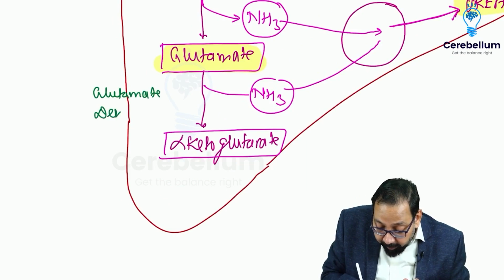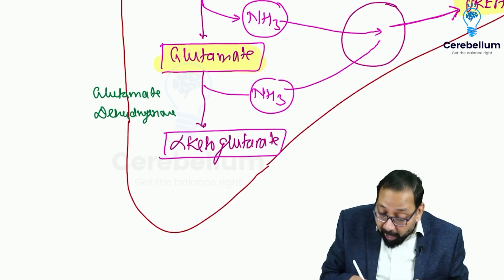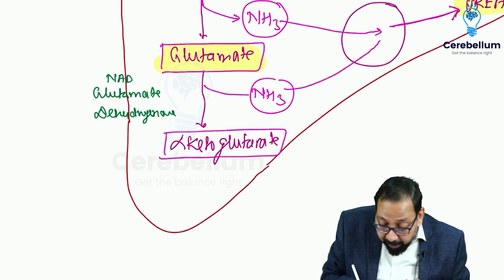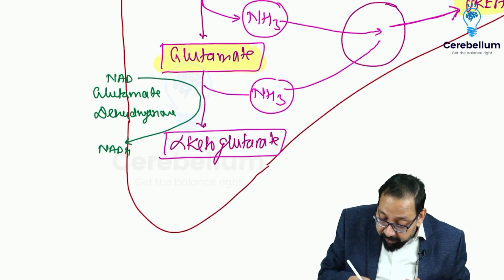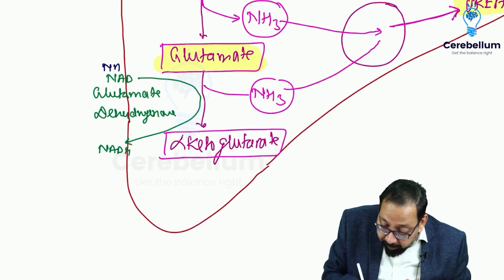Glutamate dehydrogenase. And you know, wherever dehydrogenase is there, hydrogen is removed and taken up by NAD to form NADH, or taken up by NADP to form NADPH.